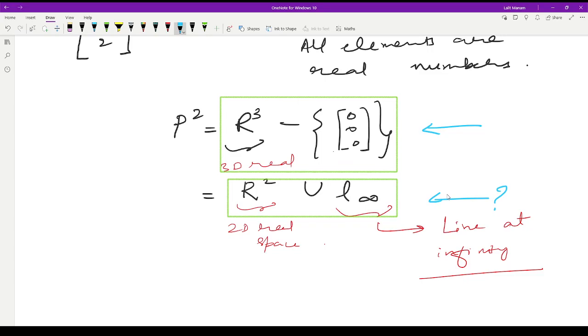Does anyone even agree that both of these sets, the one on top and the one below, represent the same set P2?